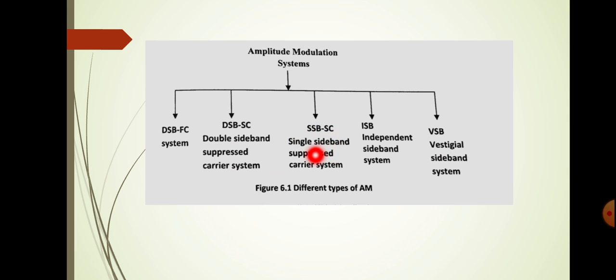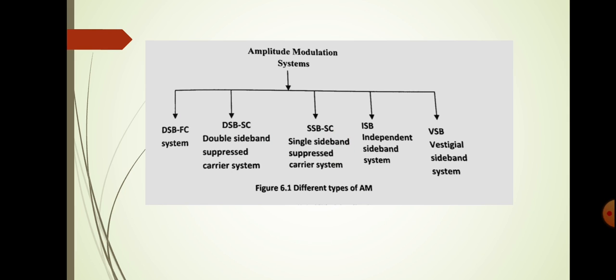SSBSC, that means the single sideband suppressed carrier system. Next is ISB, the independent sideband system. Next is VSB, the vestigial sideband system. So this is the classification of AM, that is amplitude modulation systems, and in this we are interested in these three systems, that is DSBFC, DSBSC and SSBSC.